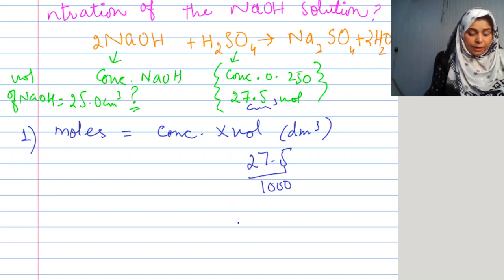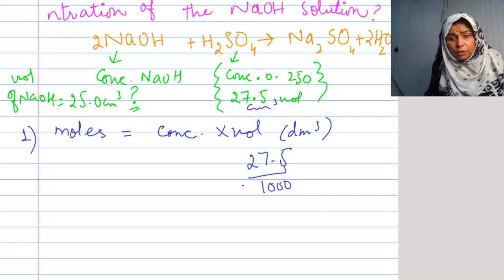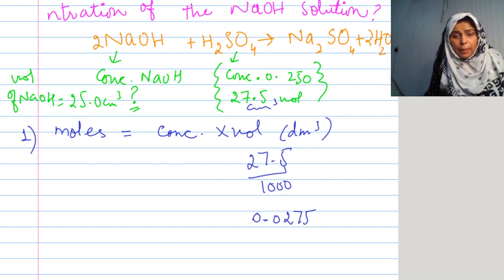We will divide 27.5 by 1000. Answer is 0.0275, multiplied by the concentration that is given, 0.250.